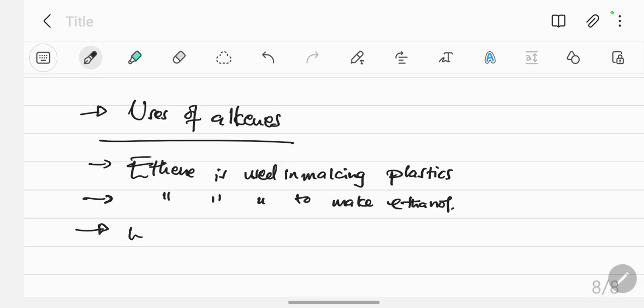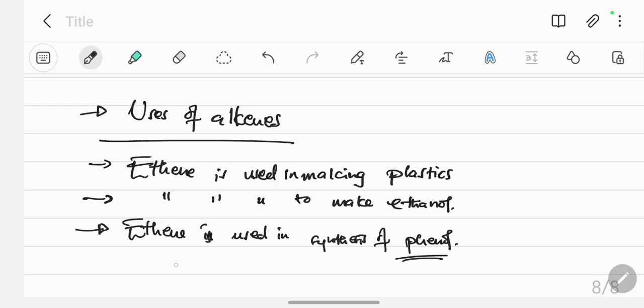So this ethene is used in synthesis of phenol. How? So you have to turn from ethene to ethyne, then to benzene, then you move to phenol, like that.